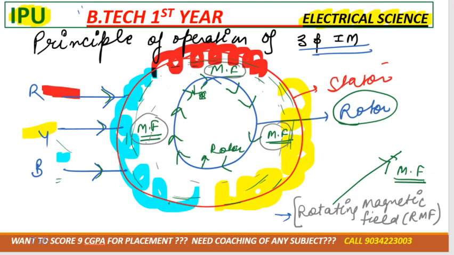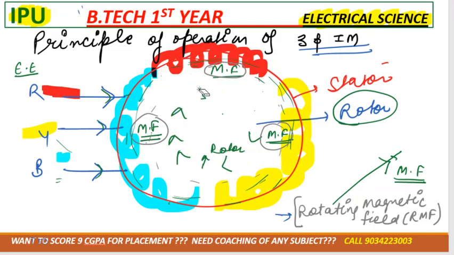Now see, which energy are we giving? Electrical energy, right? Up to here we are getting which energy? Electrical energy only, we are not getting mechanical energy till now. But see, after that what happens?